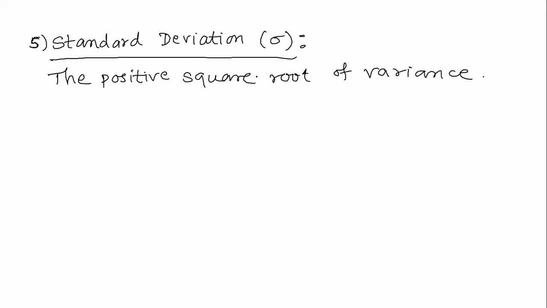We already seen that if individual observations have unit kilogram, then variance is going to have unit kilogram square, and hence standard deviation will have unit kilogram. It is going to have some sort of unit, so it is going to be an absolute measure.